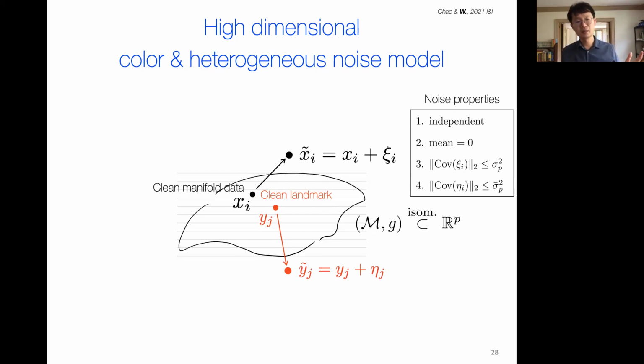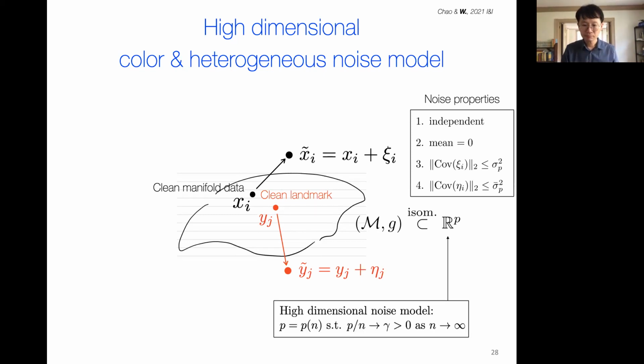And they don't need to be white at each point. They can be colored. And the mean is 0. And we just assume that the spectral norm of the covariance is bounded by sigma p. And we also assume that p grows with n, so that p over n goes to gamma. So that's the usual high dimensional noise model.